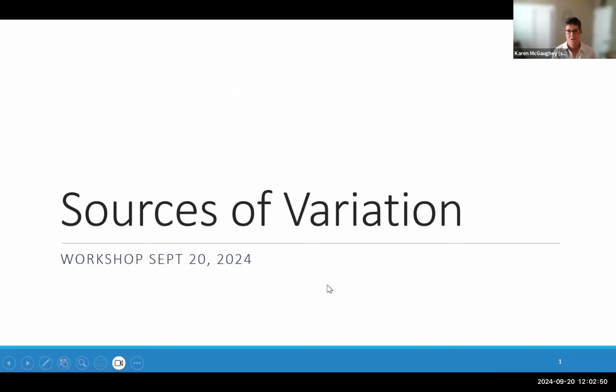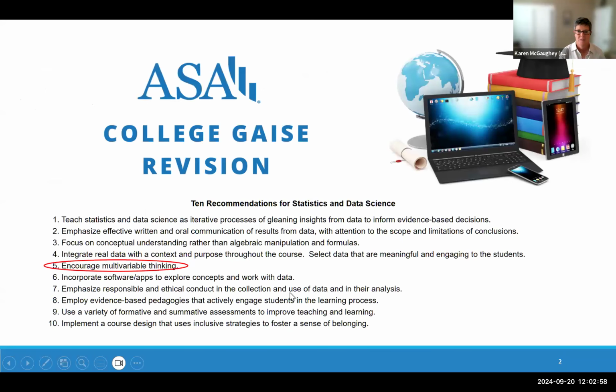All right. So as Alan said, I'm going to talk about sources of variation and explaining variability. This is in large part motivated by the ASA GAISE guidelines and even the college revision that's coming. One of the 10 recommendations is to encourage multivariable thinking.